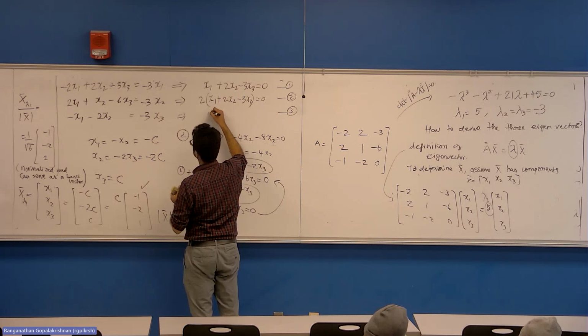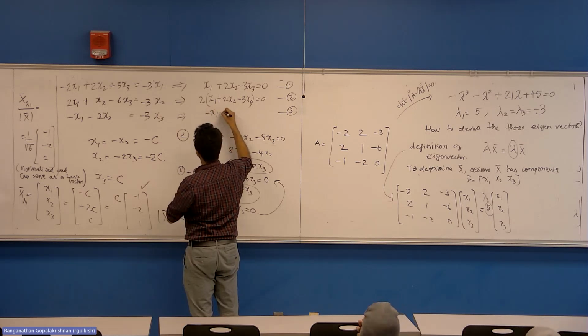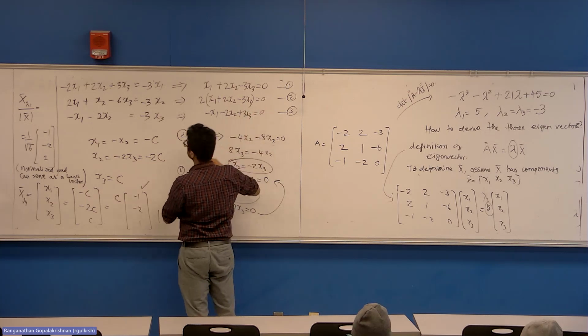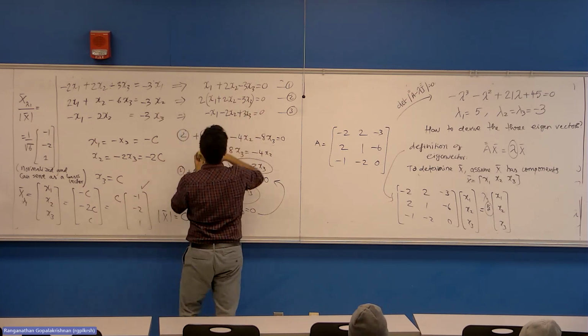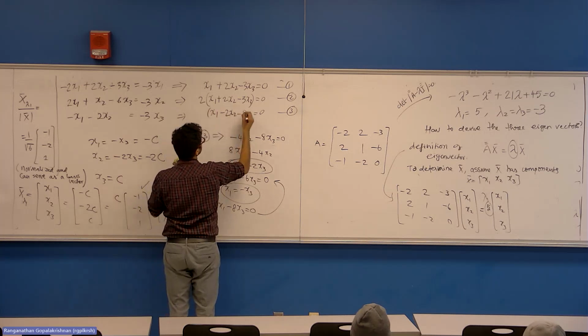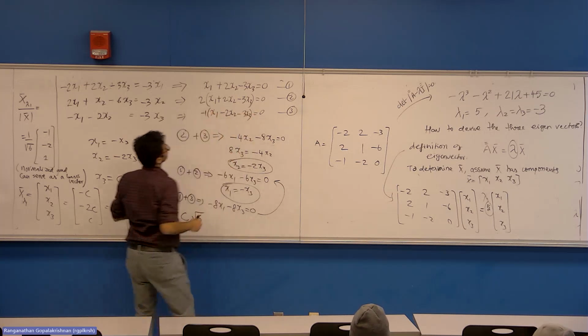And then the third equation is minus x1 minus 2x2 plus 3x3 equal to 0, which is the same as writing minus 1 times the first equation, equal to 0.